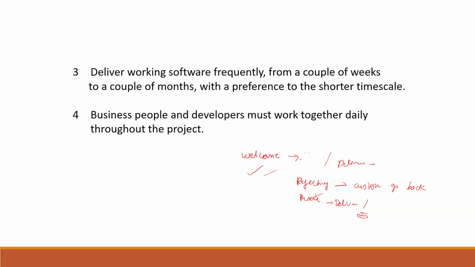There's a role called product owner, who has very good knowledge of the particular product, who knows it inside and out. So the business people here means a representative from the business, a product owner, who can be with the developers and clear their doubts. They must work together daily, till the project is completed.